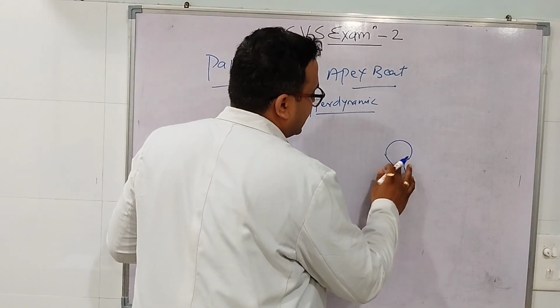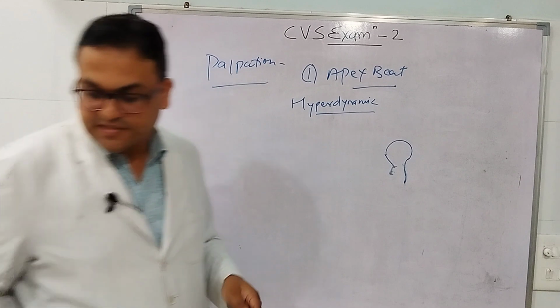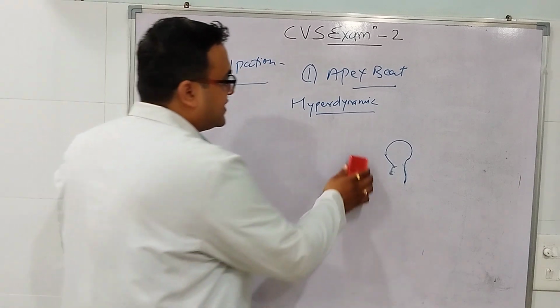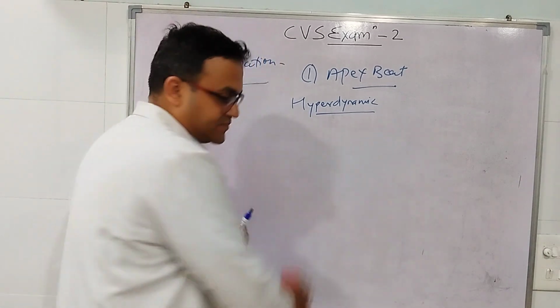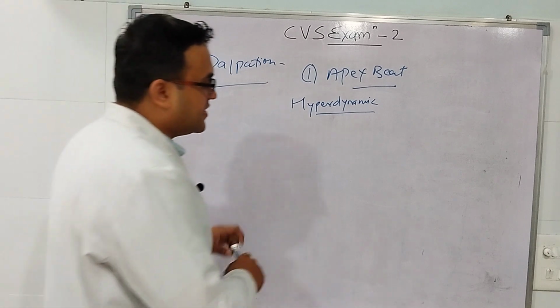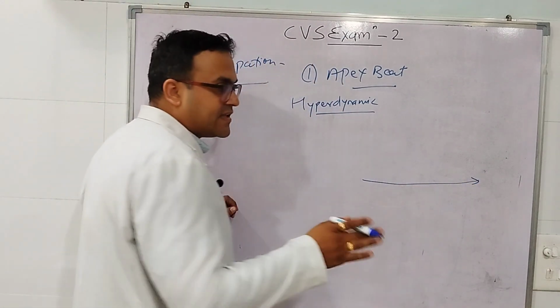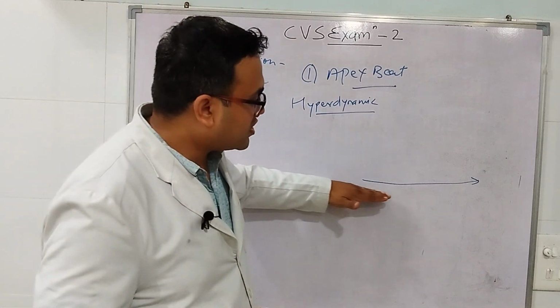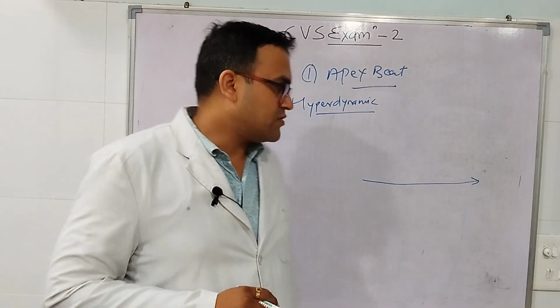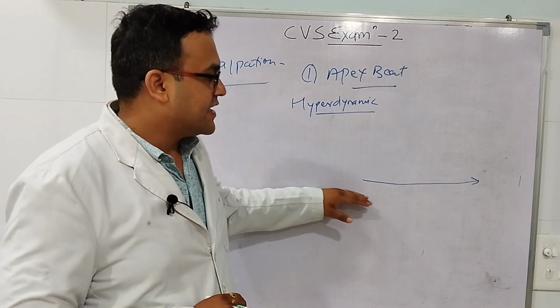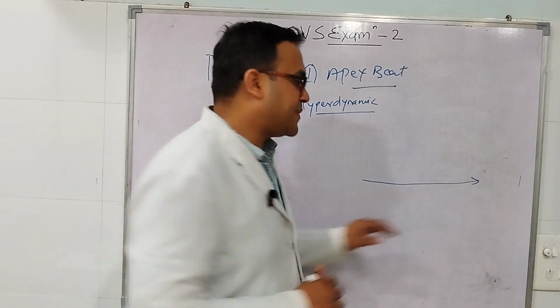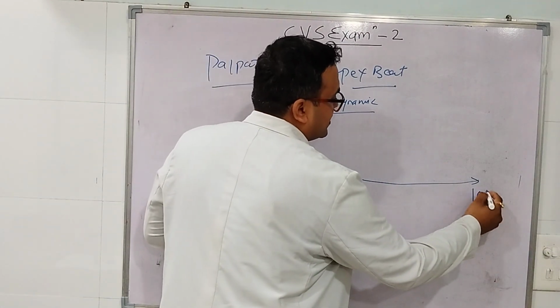I will explain this systolic load and diastolic load with an example. Suppose a person has to walk. This is the normal path, and the person can walk in this normal path for say 10 kilometers.